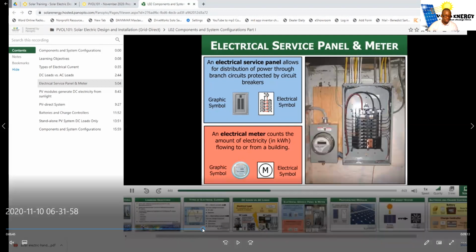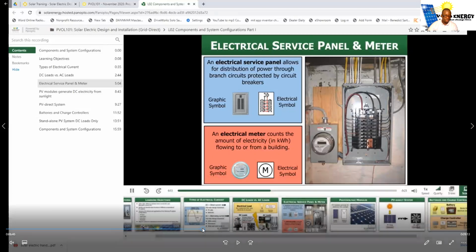If I break it down in layman's terms, electrical service panel, we look at the picture on the right. There is a picture of a meter and an electrical service panel. The current comes from your utility grid, or NAPA or LEC in Liberia.